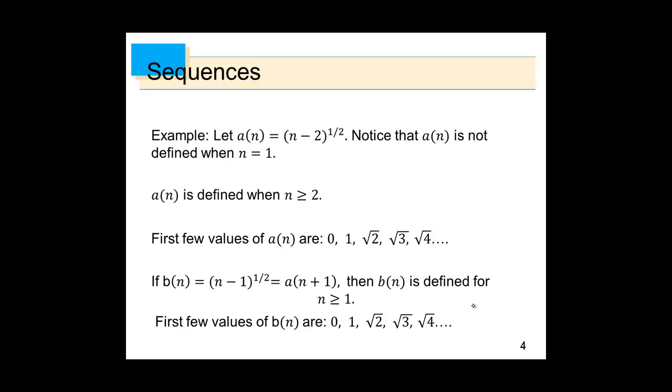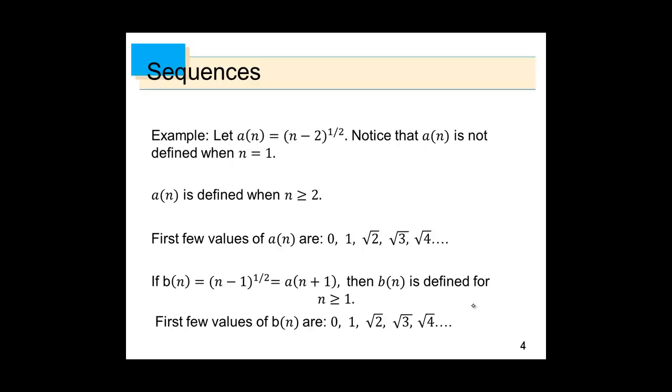What if I want to start at negative 1? Right now 0 is the value at n equals 2, right? So what I want is for 0 to be the value of the sequence when n is negative 1.